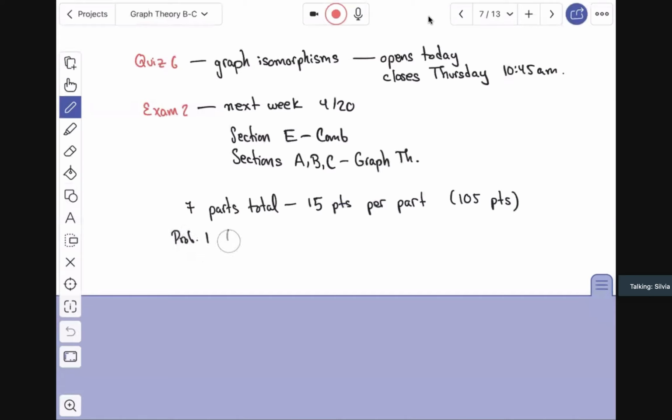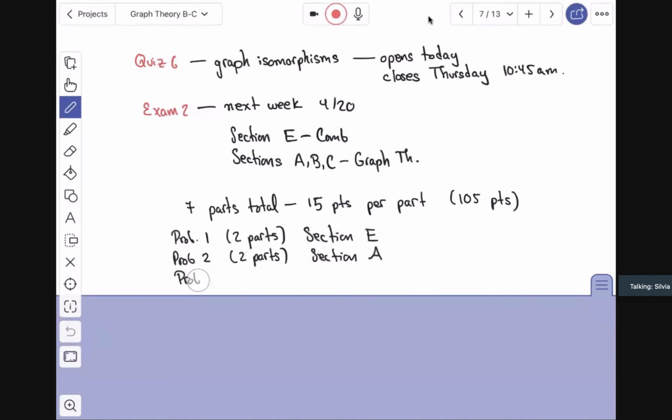Problem 1 is 2 parts, and it's on section E, so that's inclusion exclusion, section E of the combinatorics book. Then problem 2 also has 2 parts, and it's on section A of graph theory.